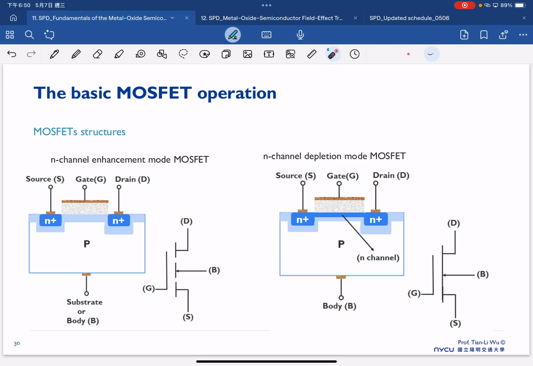In the case of MOSFET, we can divide it into several different categories. The first one is what we call the N-channel enhancement MOSFET. And we also have another case, the N-channel depletion MOSFET.